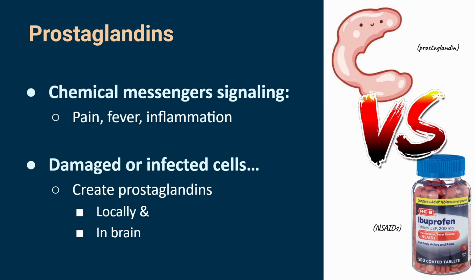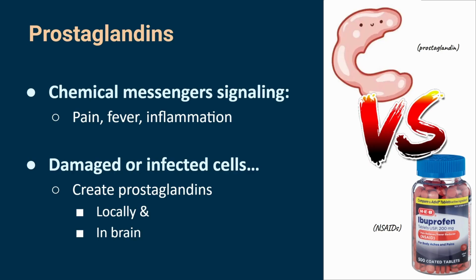Basically, when we encounter pain, there's a whole list of things that build prostaglandins. Prostaglandins is kind of the midpoint of this insult to your body. You get stabbed with a nail in the hand, let's say.